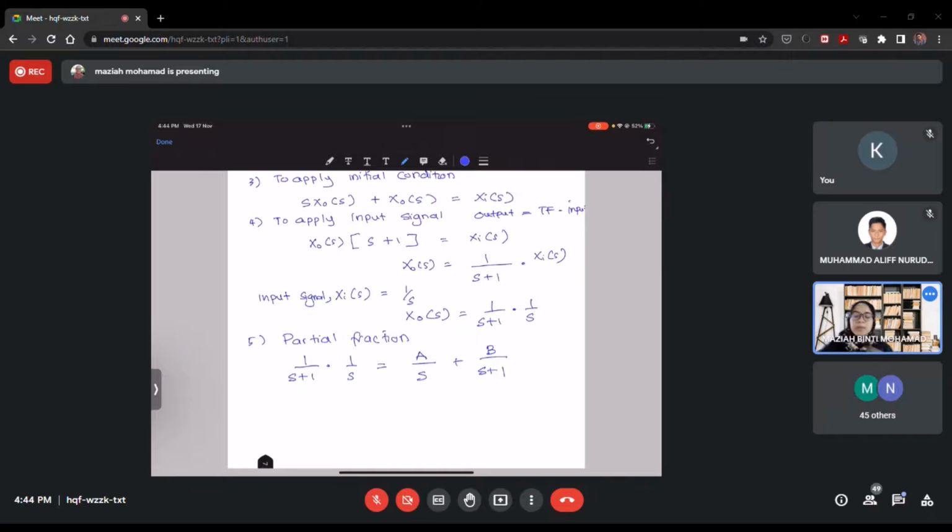So this is the partial fraction. Basically, I'm going to share with you the table.